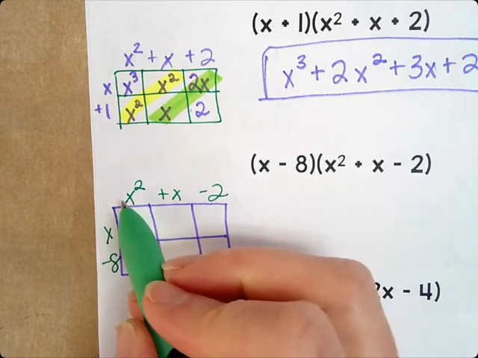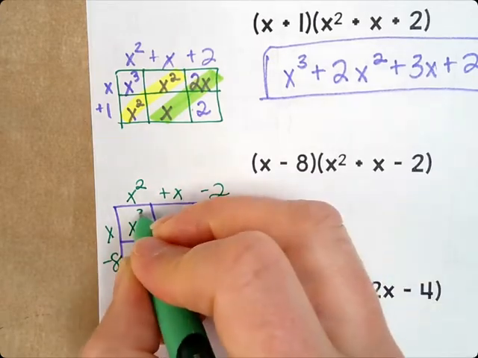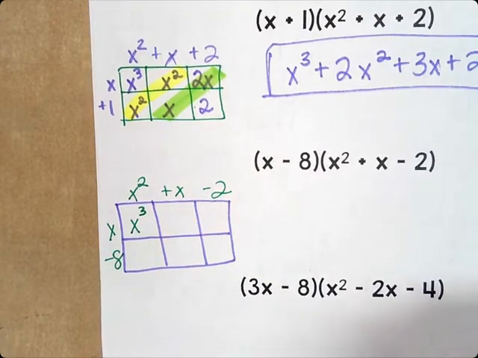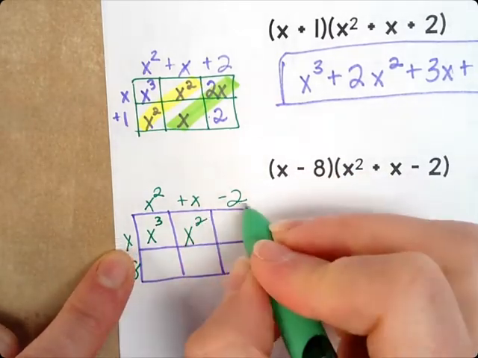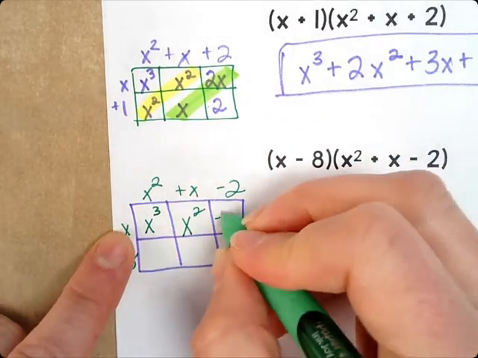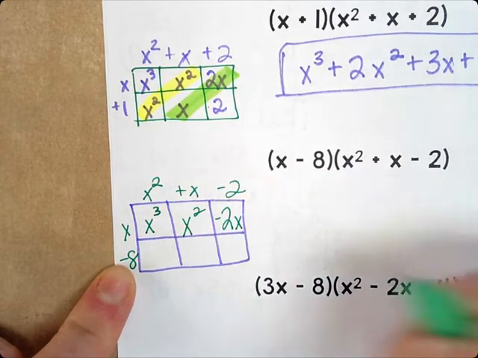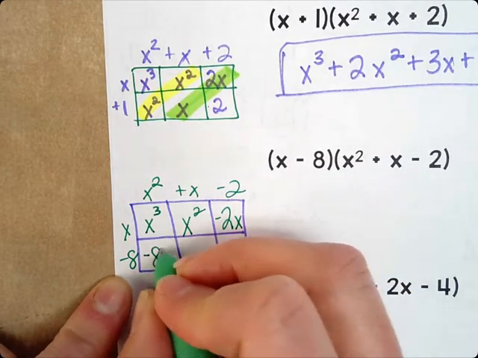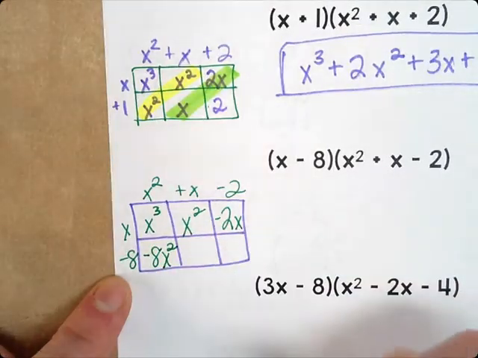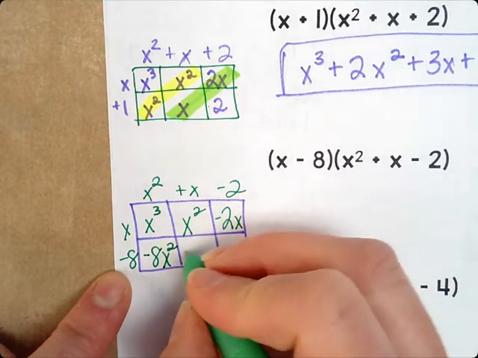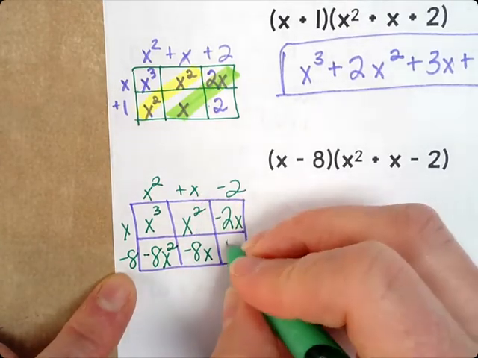So x times x squared, x to the 3rd power. X times x, x squared. Negative 2 times x, negative 2x. Negative 8 times x, negative 8x squared. I don't think I said the square. Negative 8 times x, negative 8x. And negative 8 times a negative 2, positive 16.